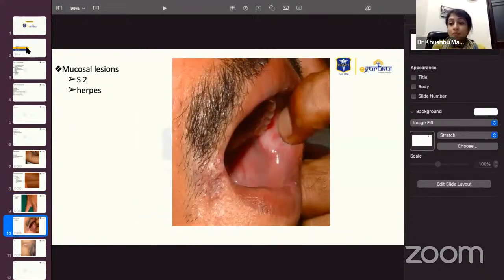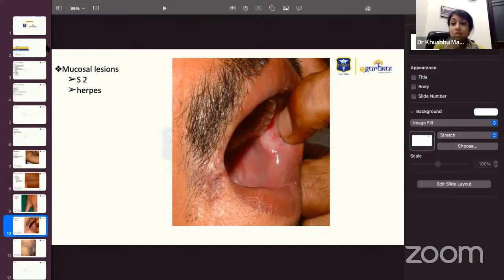Then, mucosal lesions. What are the two common disorders where you see mucosal lesions? The most common, I would say, is herpes. Usually patients with herpes can give you recurrent oral erosions also, because remember, HSV2 usually causes below-waist infections and HSV1 causes above-waist infections.